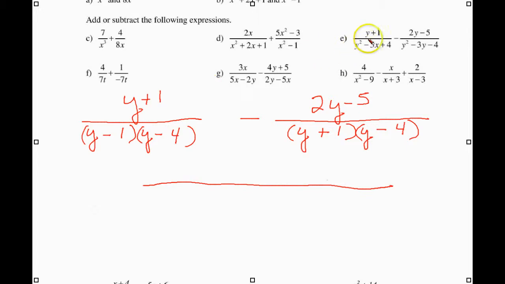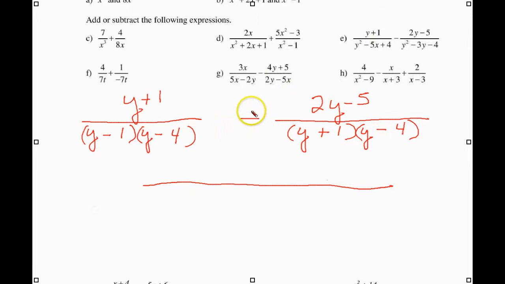Now, all I've done is taken letter E, written my numerators, and factored each of the denominators that I have right here. Now, this is a subtraction, so there's a negative sign right here.